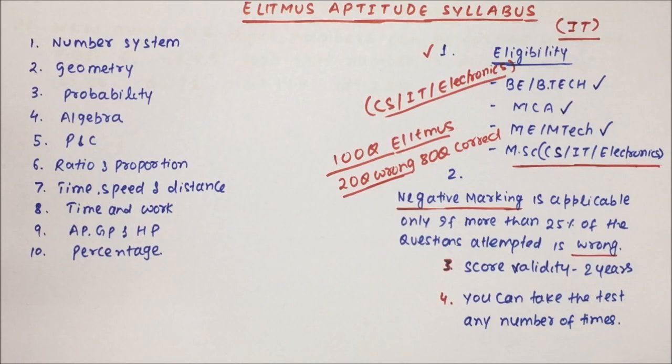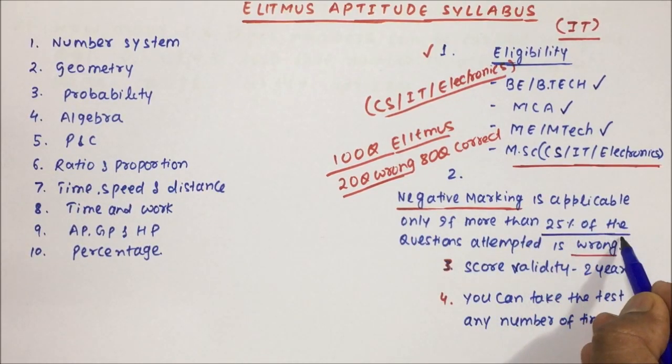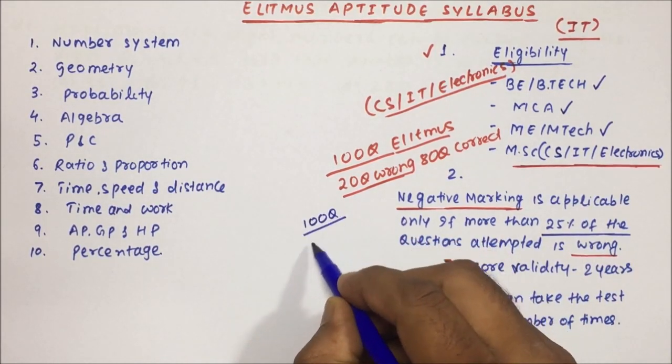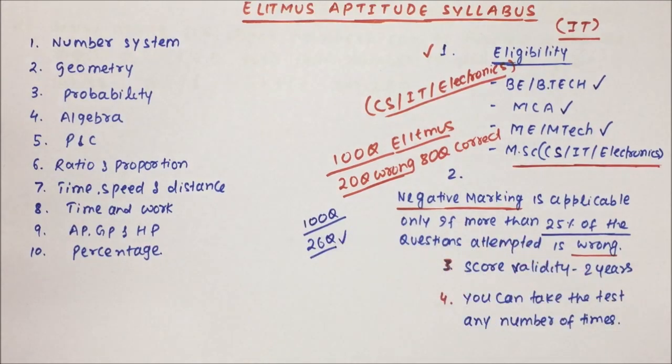Negative marking will be applied only when you have done more than 25% of the questions wrong. So out of 100 questions, if you have done 26 questions wrongly, then negative marking will be applied. Otherwise there will be no negative marking in the eLitmus PH test.